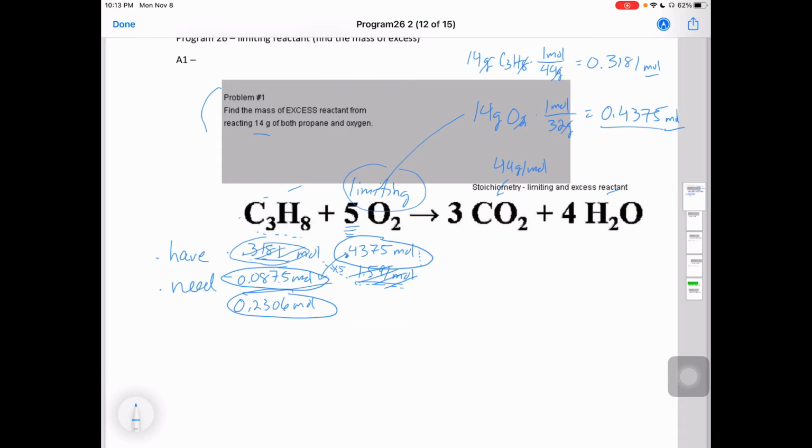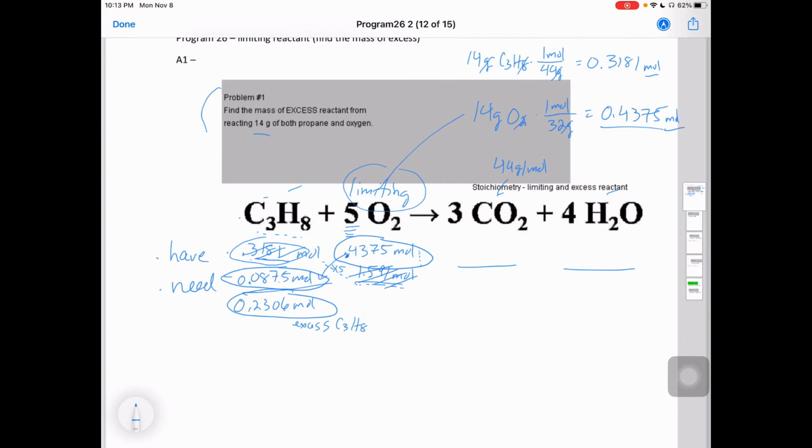I used all my 0.4375 moles of oxygen with 0.0875 moles, 1/5 the amount of moles, leaving excess propane, C3H8.